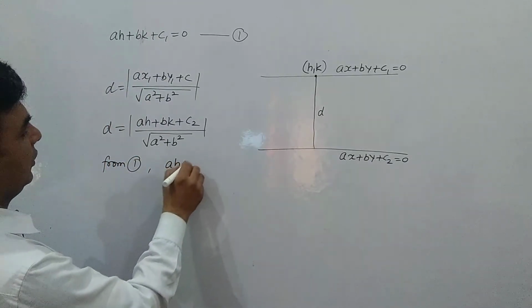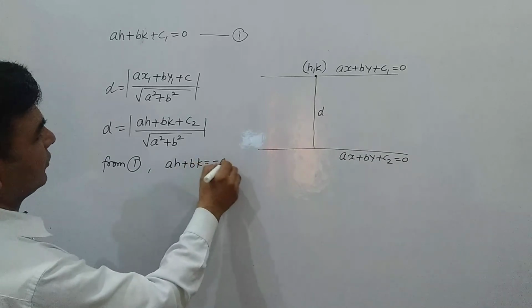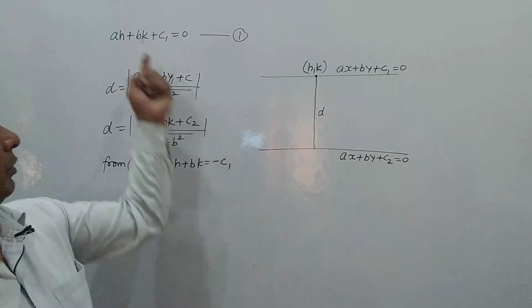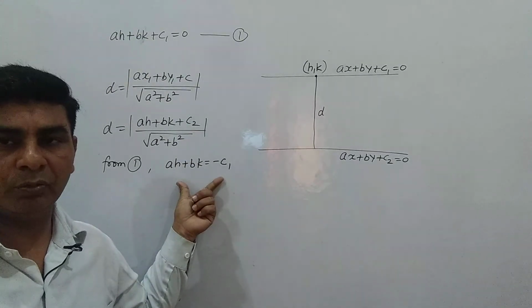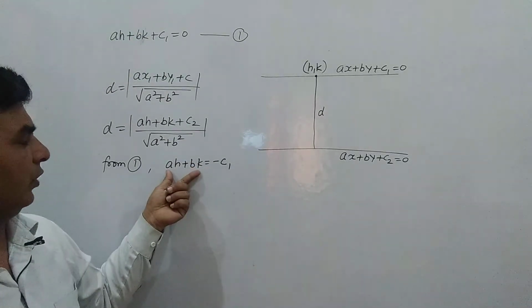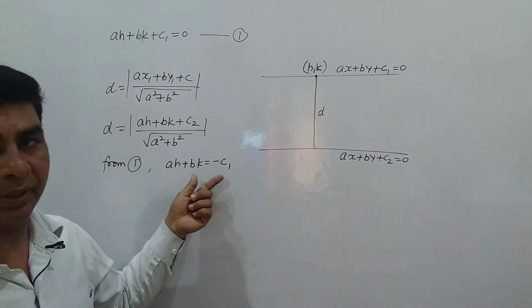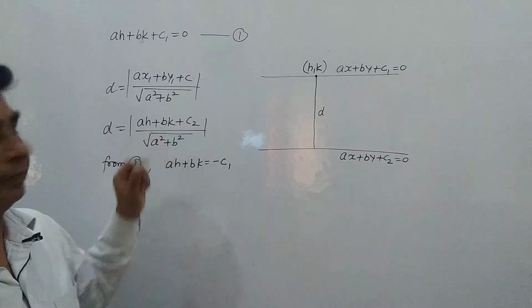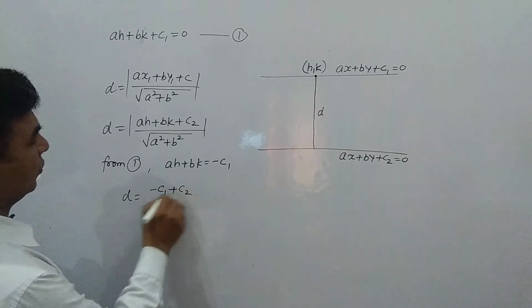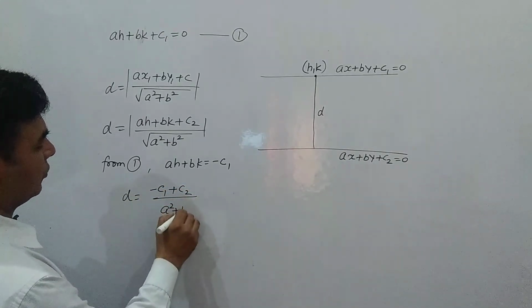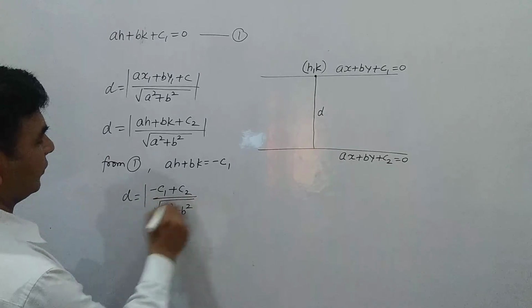Now let's see, dear students, from equation number 1, ah plus bk can be replaced by minus c1. From equation number 1, ah plus bk की जो वैल्यू है that is equal to minus c1. So this value ah plus bk can be replaced by minus c1 in the given distance. So d will be equal to minus c1 plus c2 over the square root of a square plus b square, with modulus as well.